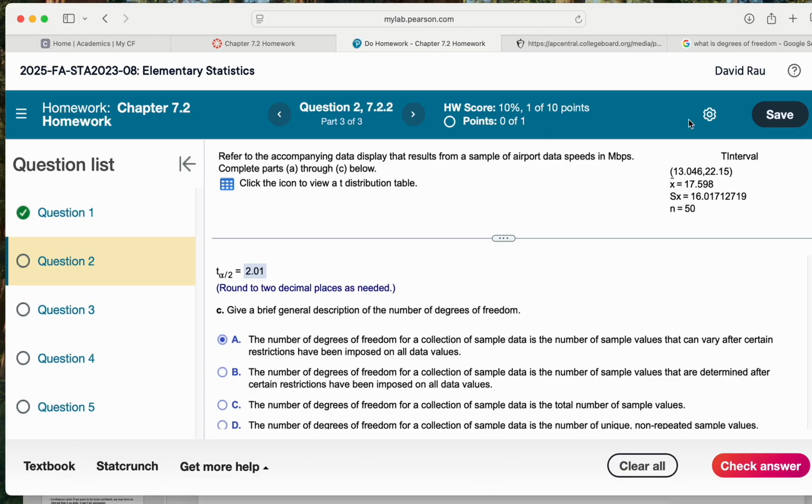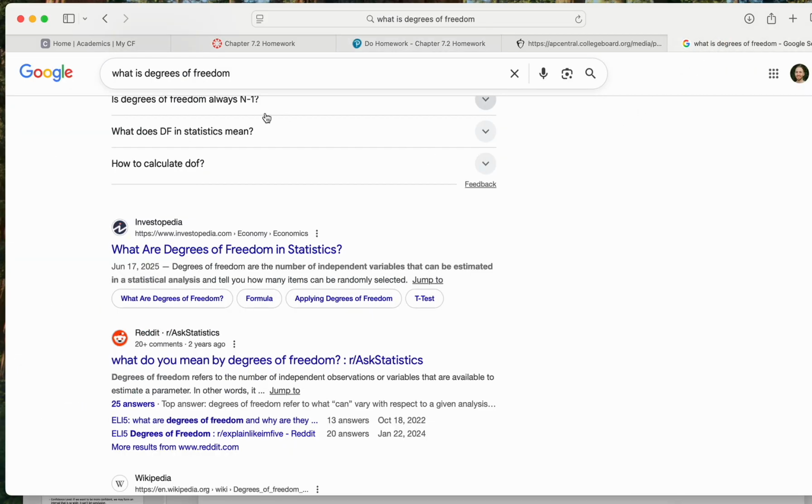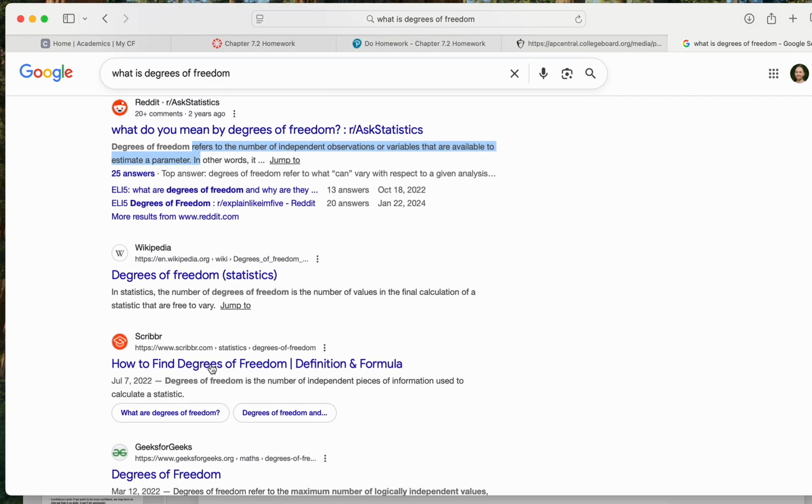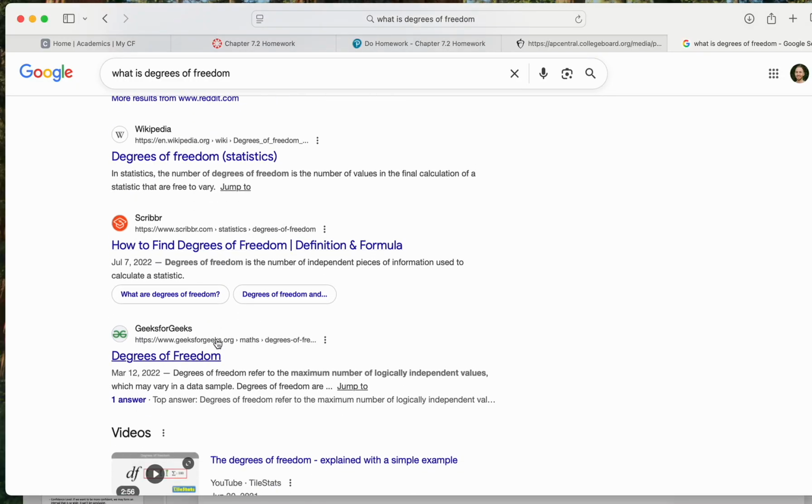All right. And honestly, because, like I said, there could be a whole lecture on it, I did some light Googling and just searched up what is degrees of freedom. And so it says the number of independent variables that can be estimated, or wait a minute, it also says the number of independent observations that are able to estimate. Let's see, there's another one that I like.